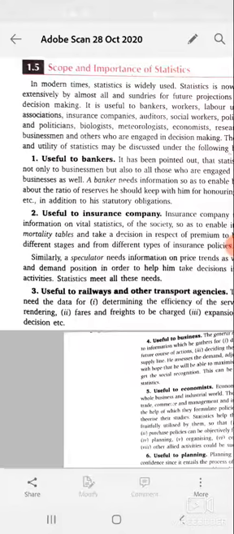So it has been pointed out that statistics is useful not only to businessmen but also to all those who are engaged in specialized business. A banker needs information so as to enable him to decide about the ratio of reserve, how much reserve. If we talk about reserves, there are two types: CRR, cash reserve ratio, and SLR, statutory liquidity ratio.